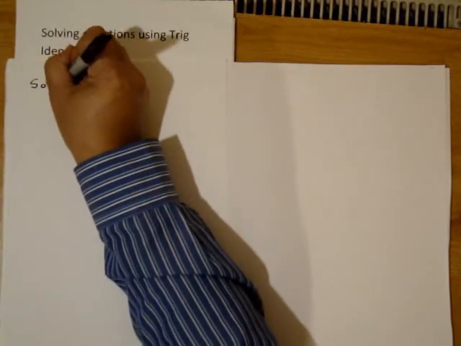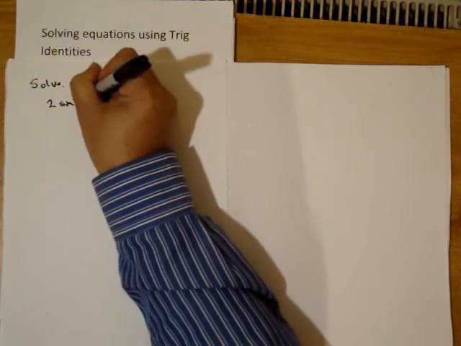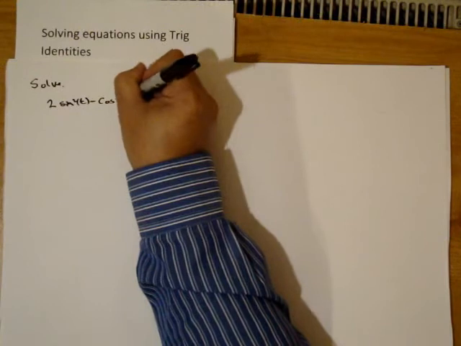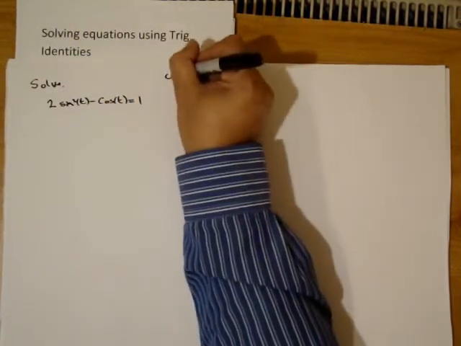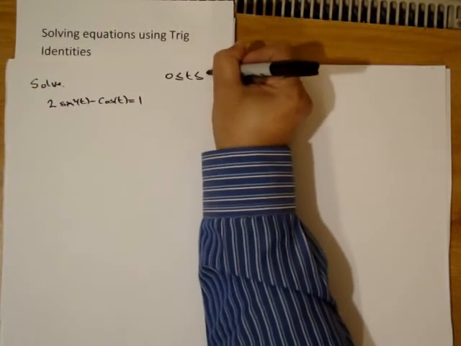Okay, solve 2 sine squared t minus cos t equals 1. And we're given the range again, so t is between 0 and 2 pi. So what do we do here?